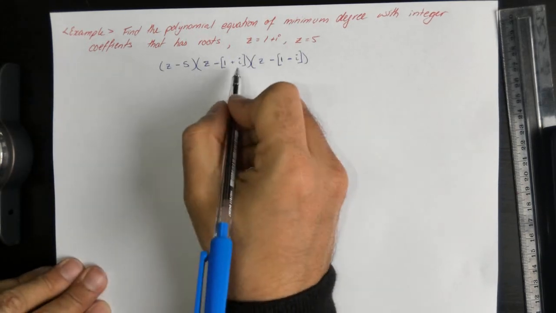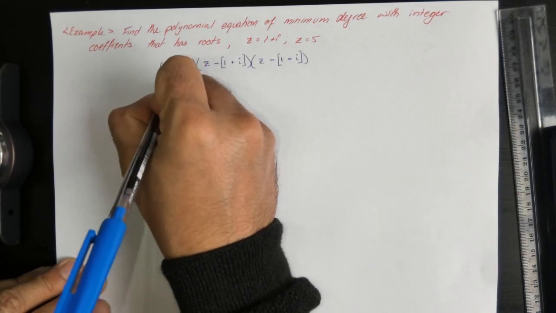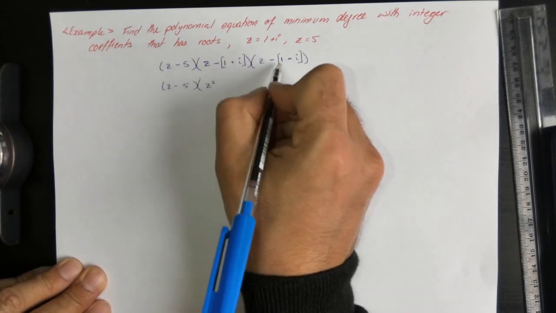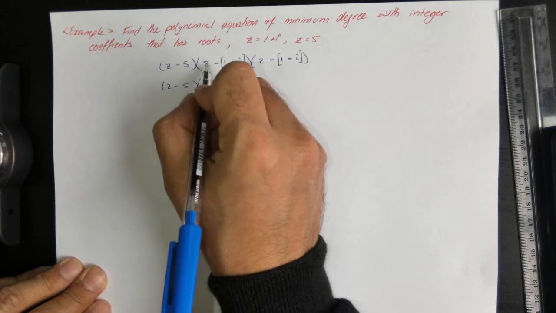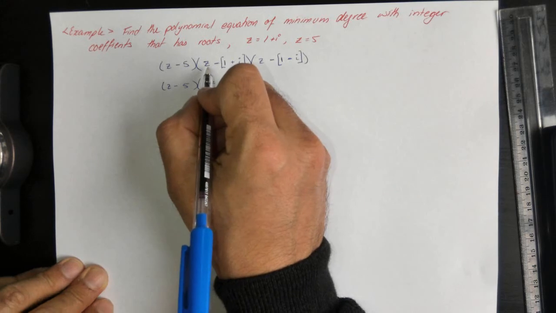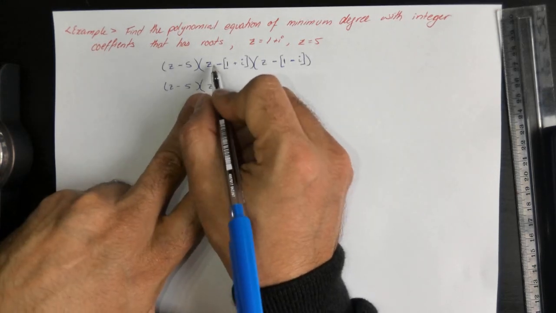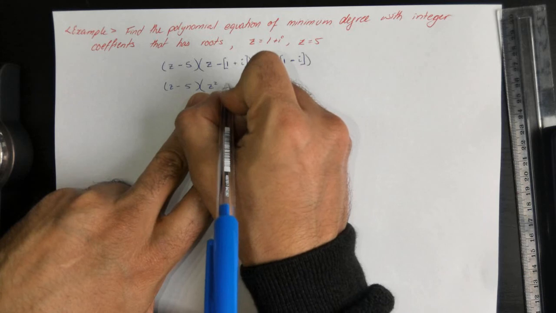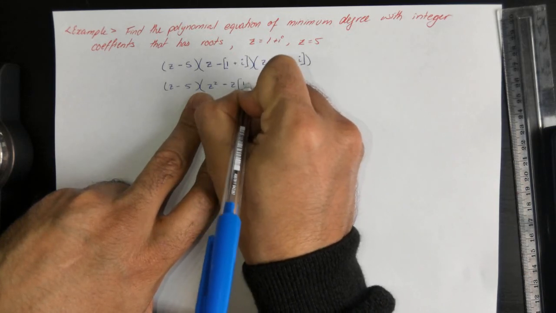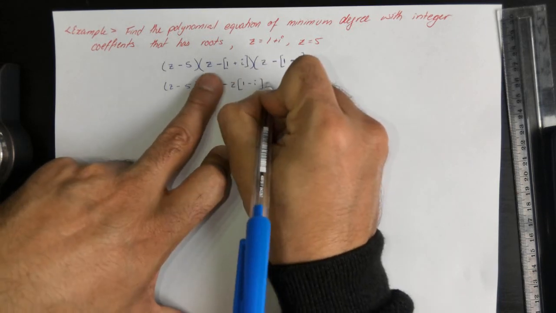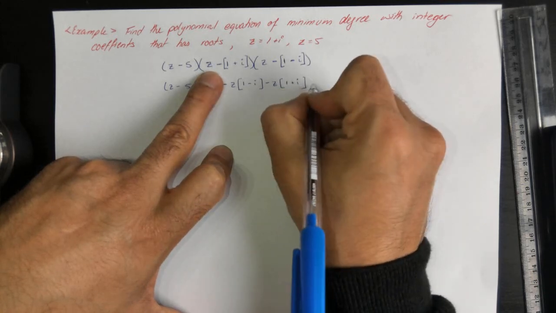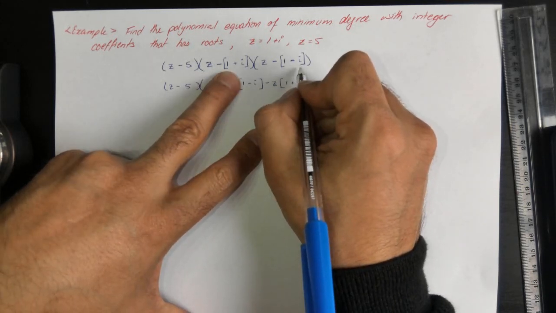I should put these in their own brackets because they are the roots themselves. Okay, so if I was to expand this part, I get z squared. So I could expand this one. So z squared, let's just do minus z times 1 minus i, minus z times 1 plus i, and the conjugate pairs cancel each other out.